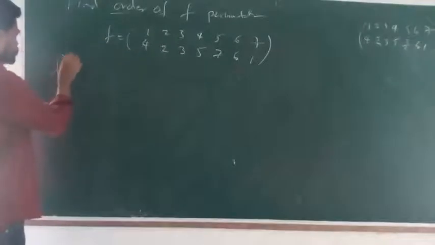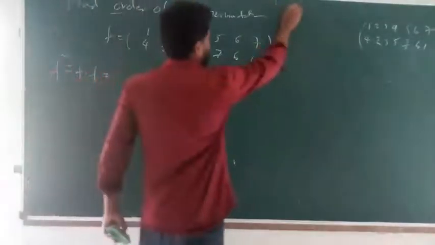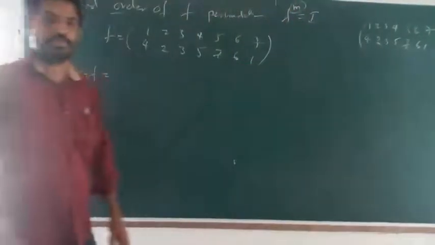First we do F square. What is the definition of order of permutation? F to the power of m is equal to I. That is called the order of permutation.